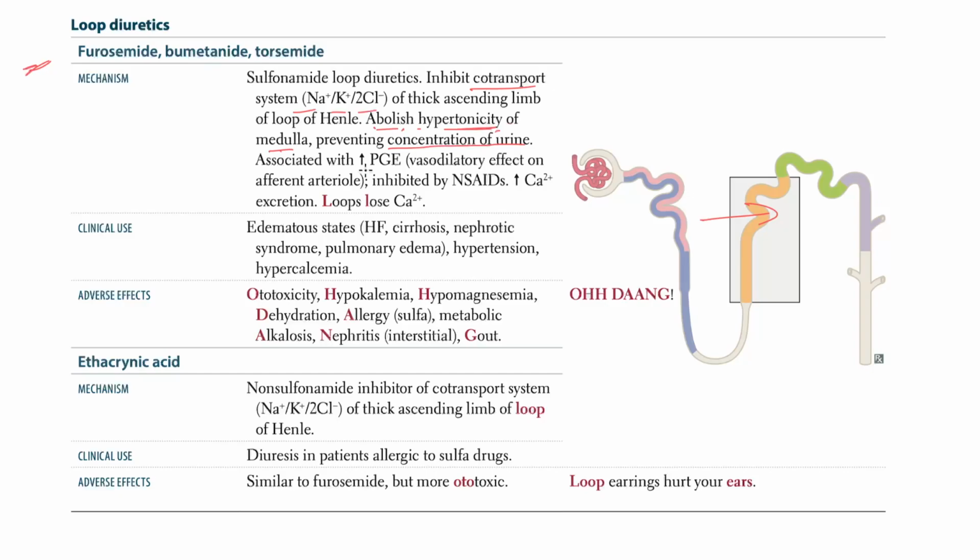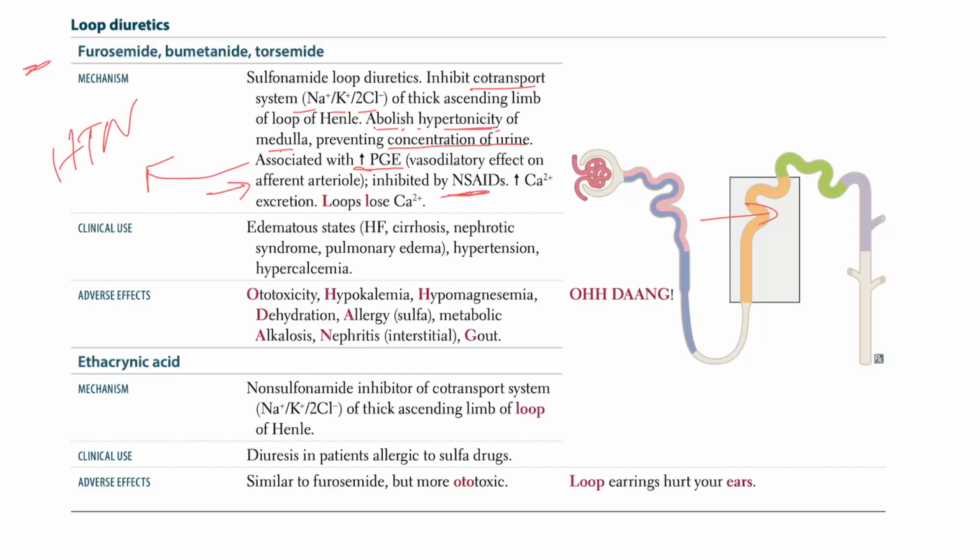It is associated with an increase in PGE, the prostaglandin, which leads to a vasodilatory effect on the afferent arterioles, and it is inhibited by NSAIDs. Prostaglandins are inhibited by NSAIDs. This effect can be utilized for its antihypertensive use.